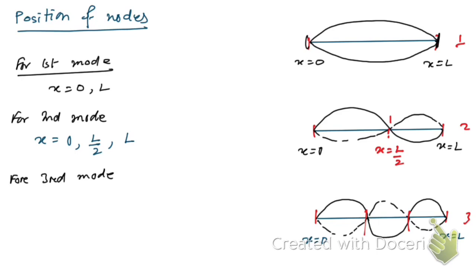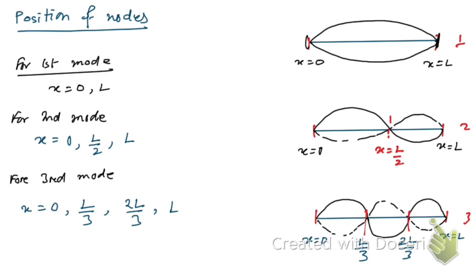So here we're going to get L by 3, and here we're going to get 2L by 3, right? So x will be equal to 0, then L by 3 and 2L by 3, and this L is nothing but 3L by 3, so 3 cancels, so L, right? Hope you have understood this.